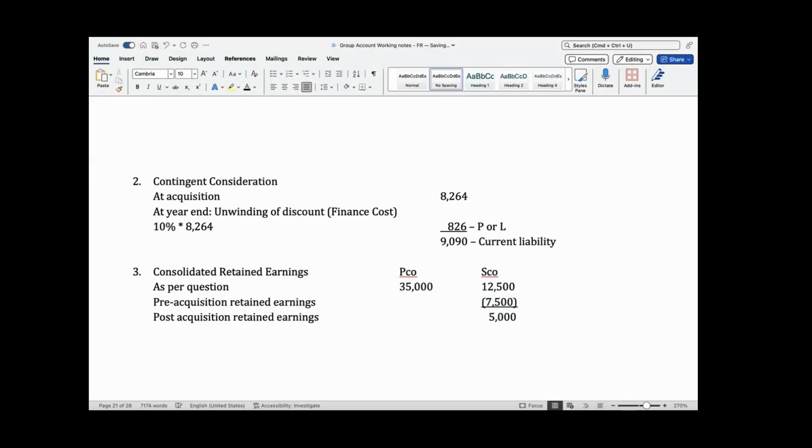Now, that finance cost that we promised to pay, that we used to unwind the discounts arising from that contingent consideration in the books of the parent, will be an expense to the P&L of the parent, so it will impact retained earnings here.